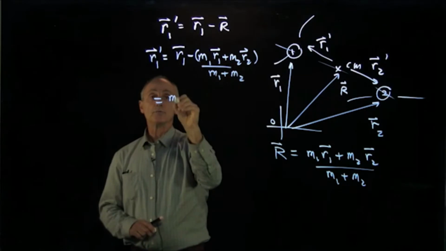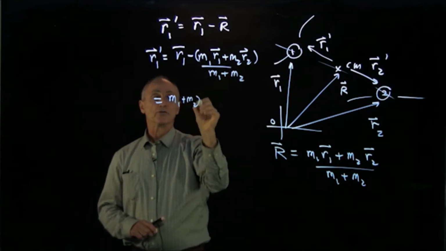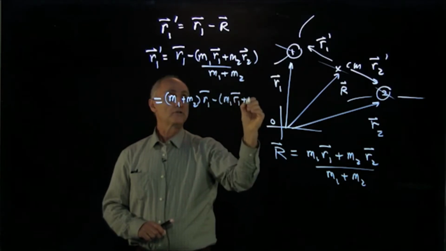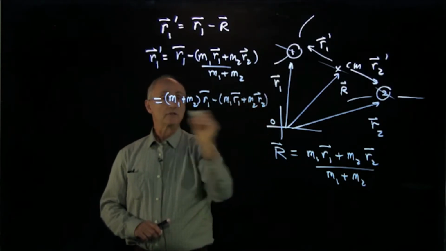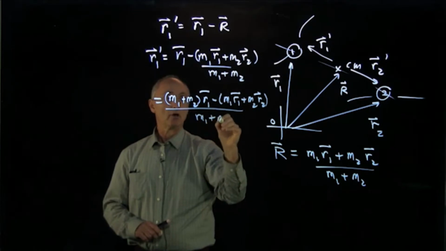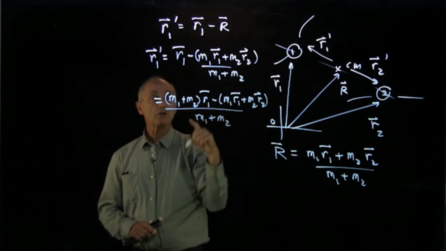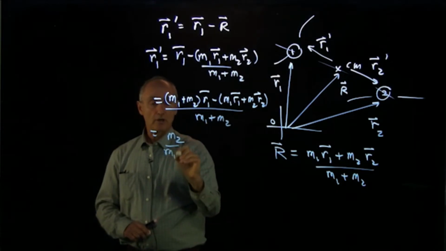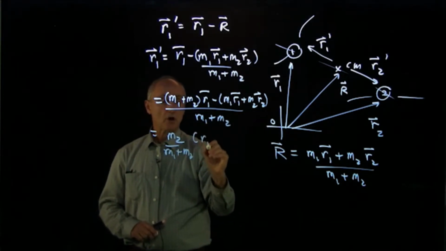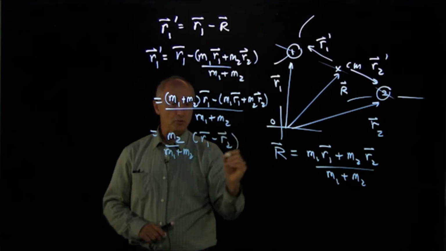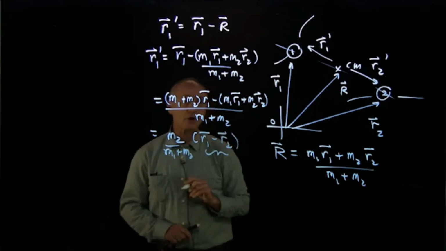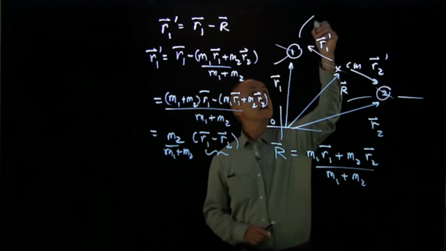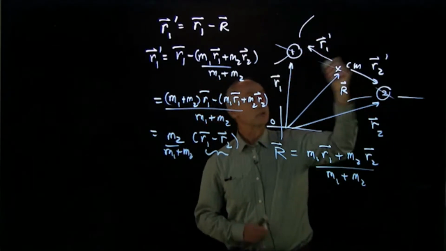And when we combine terms, let's just do this so you can see it. R1 minus (m1 R1 plus m2 R2) divided by the total mass. We now have the m1 R1 terms cancel, and we have a common m2 over m1 plus m2 times (R1 minus R2). Now, R1 minus R2 is a vector that goes from R2 to R1.